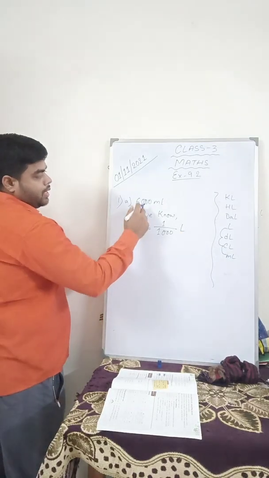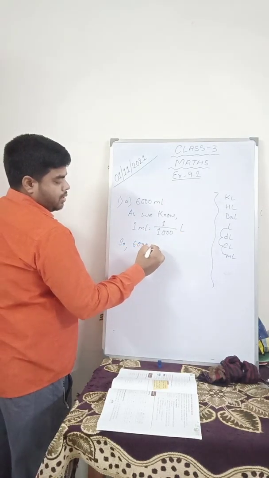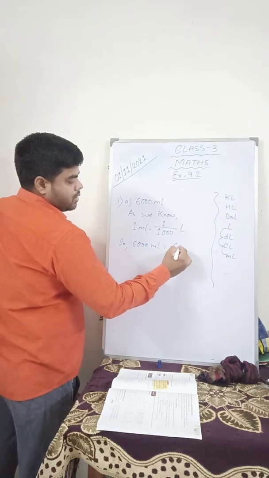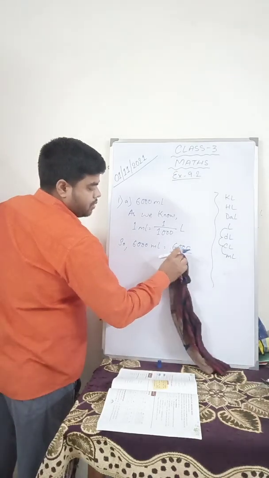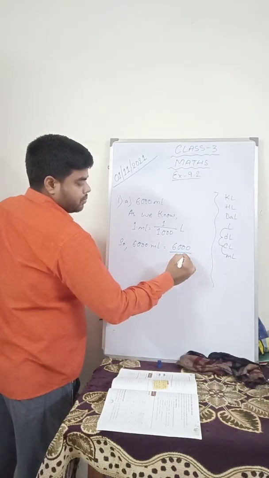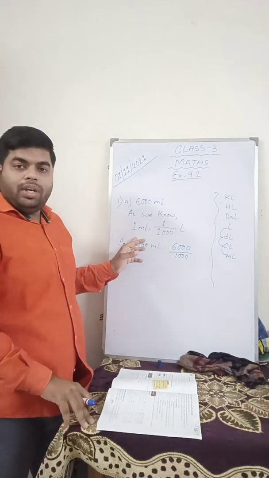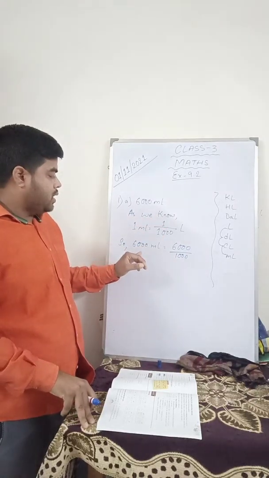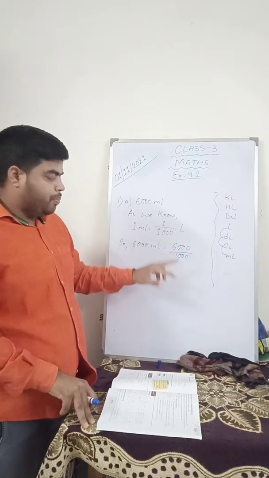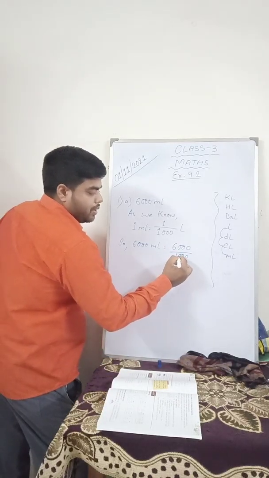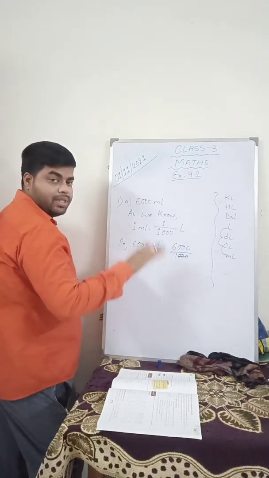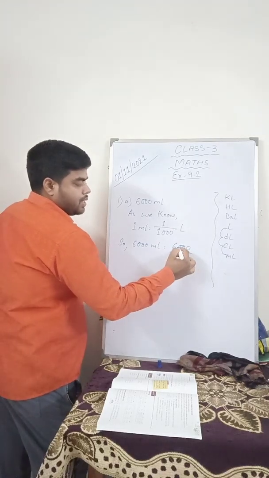So 6,000 milliliter is equal to 6,000 divided by 1000, because 1 milliliter is equal to 1 by 1000 liter. So you have 3 zeros in the bottom. Up also you cancel 3 zeros.